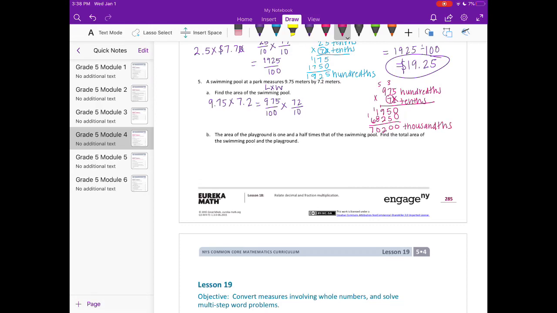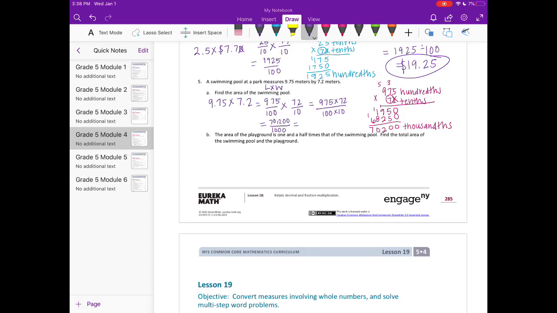So this is equal to 975 times 72 over 100 times 10, which is equal to 70,200 thousandths.